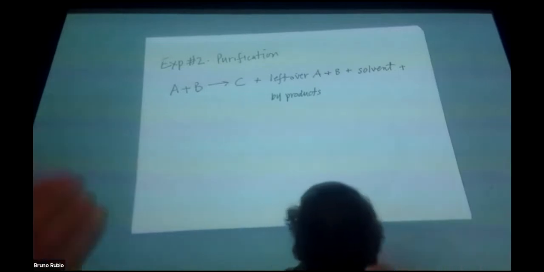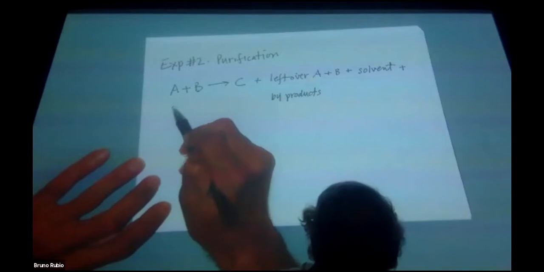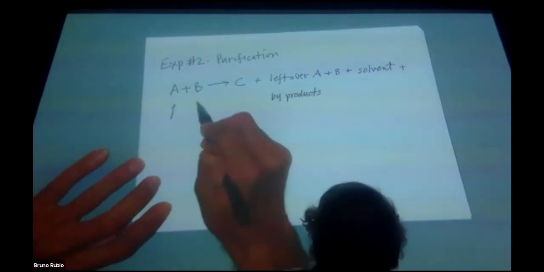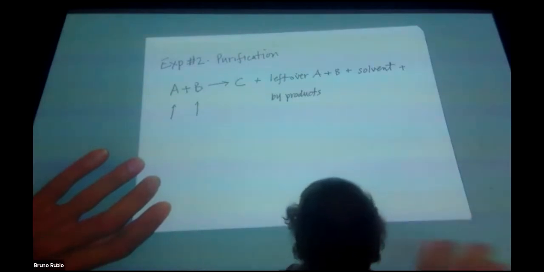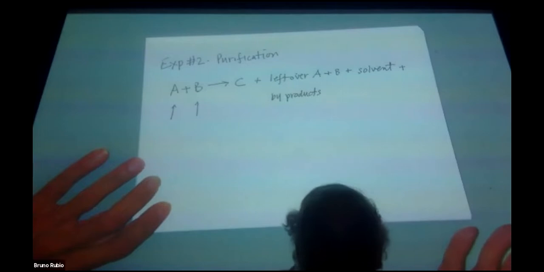And not only that, but the reactants that we started with, A and B, may have come from an old bottle, right?